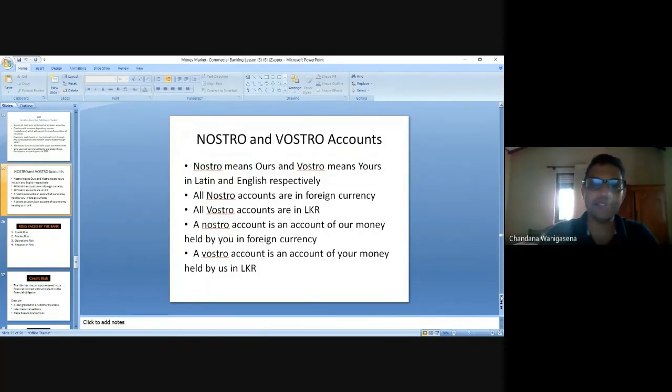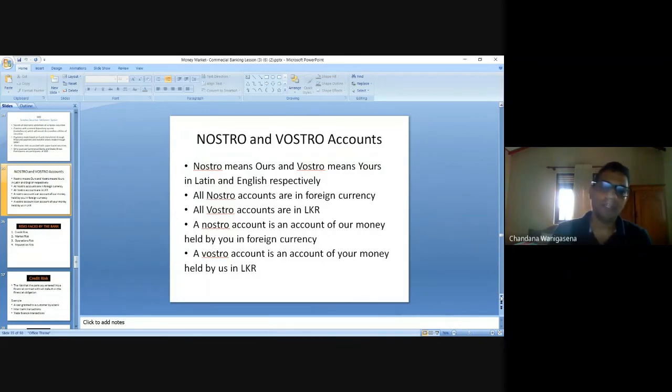Foreign currencies in Sri Lankan banks, that is your currency, your money in our accounts, that is a nostro account, right? So nostro is ours. Let me clarify that nostro is for our imports to take place in foreign currency. We keep foreign currencies in foreign countries, right?